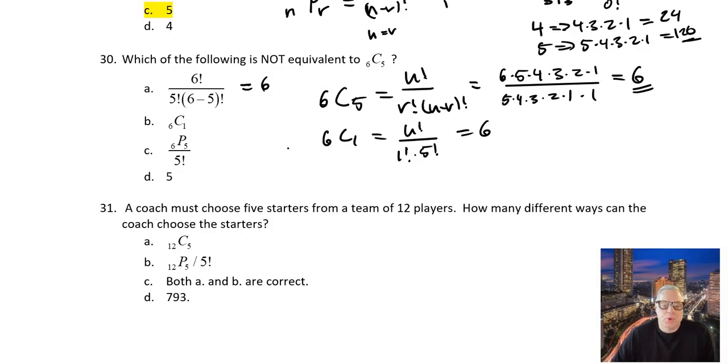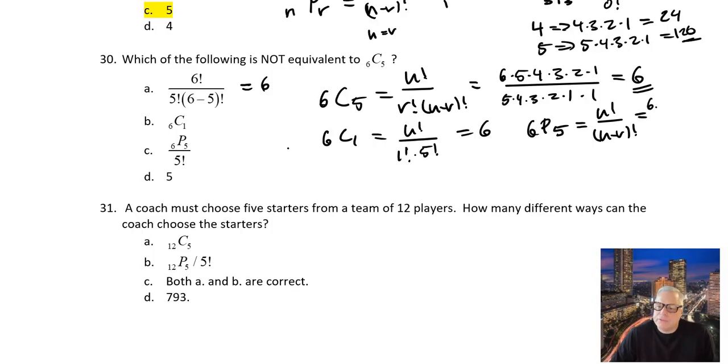What about this one? C, permutation. So 6 choose 5. So this would be n factorial over n minus r factorial.